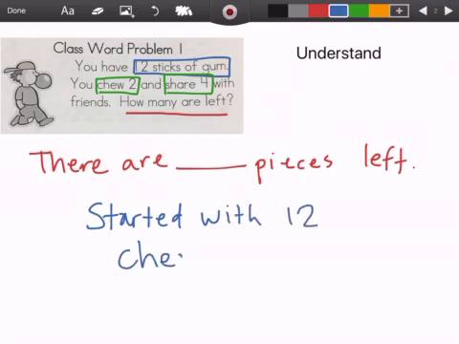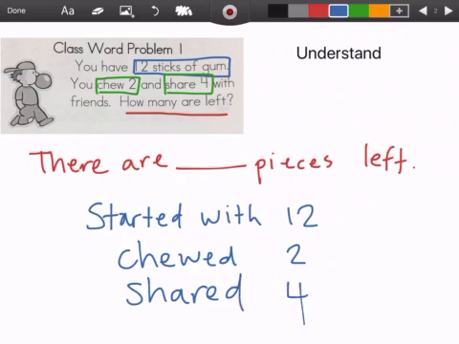We chewed 2 and shared 4. Whoops, I forgot to switch that to green. So we started with 12, we chewed 2, we shared 4. So we understand these things. We know these different parts. Now we have to solve for how many are left over.